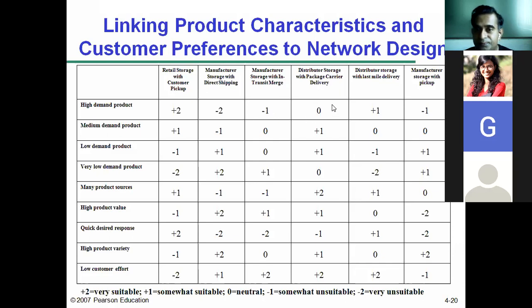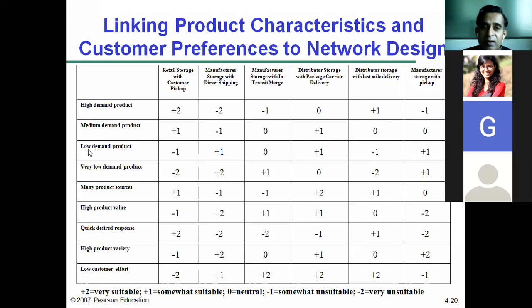Distributor storage with the last mile delivery is somewhat suitable, but the cost will be more. Then manufacturer storage with customer pickup is somewhat unsuitable, but provided the company can arrange general grocery stores, for example, or existing supermarkets as the pickup site, to some extent it can reduce the cost.